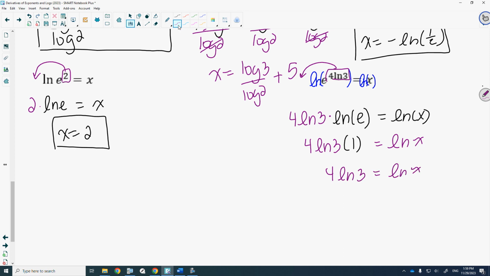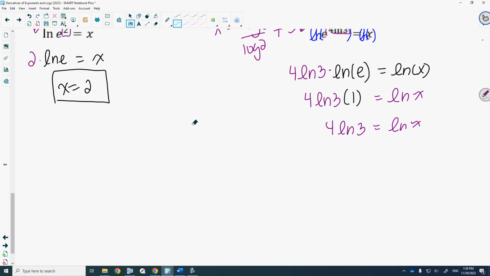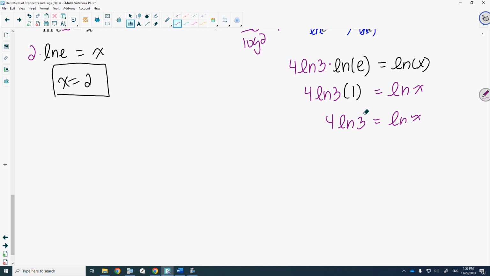Okay, now we've got to figure out, what do we do from here? I want you to put the 4 back on for a second because I'll show you something. If you put your 4 back, ln of 3 to the power of 4 is equal to ln of x.